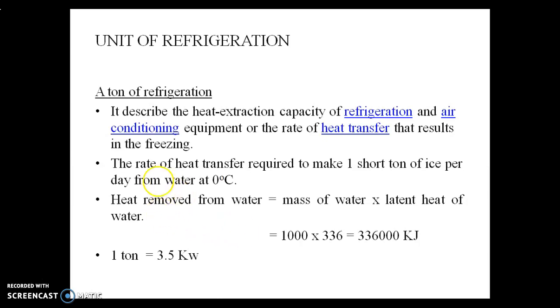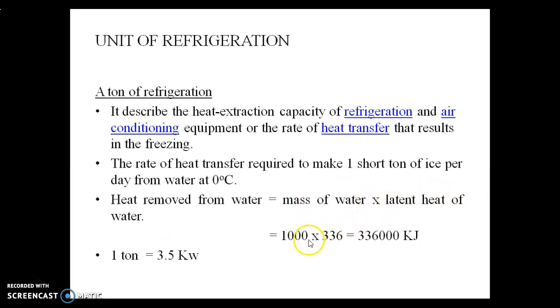We define the ton of refrigeration as follows. We take 1000 kg of water at 0 degrees Celsius and convert this 1000 kg of water at 0 degrees Celsius into 1000 kg of ice. During this process, some amount of heat must be removed from the water to convert it into ice. The amount of heat removed from the water is equal to the mass of water times the latent heat of the water.